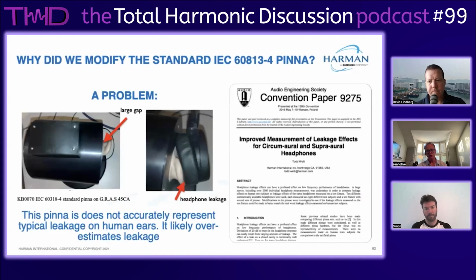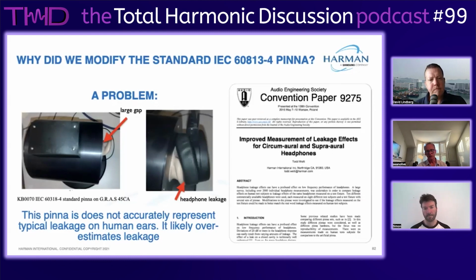So he had a measure of the average leakage, and then he took the Grass pinna, made a reverse mold of it, and modified it, changing the hardness and the shape slightly, until when he measured the same headphones on this artificial pinna, it matched what he was measuring on humans. So it didn't leak as much, and it provided a better seal.